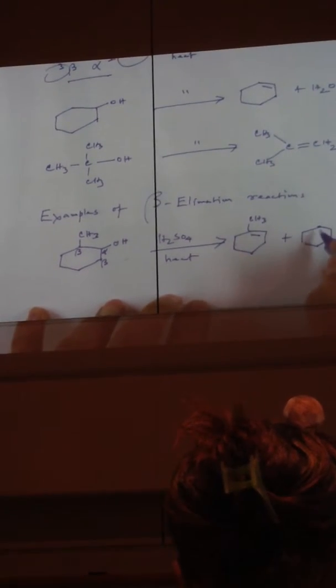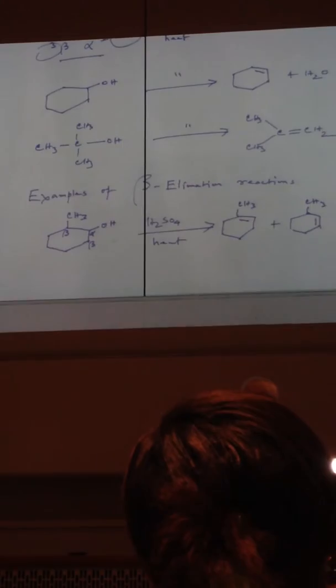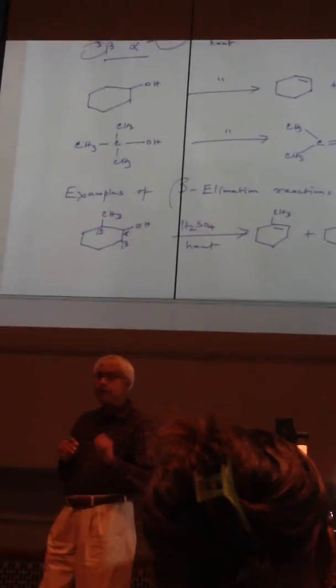One product would be where the methyl group is, and another product would be this one. So two different products are possible, and of course their names are different. They are actually two completely different compounds.